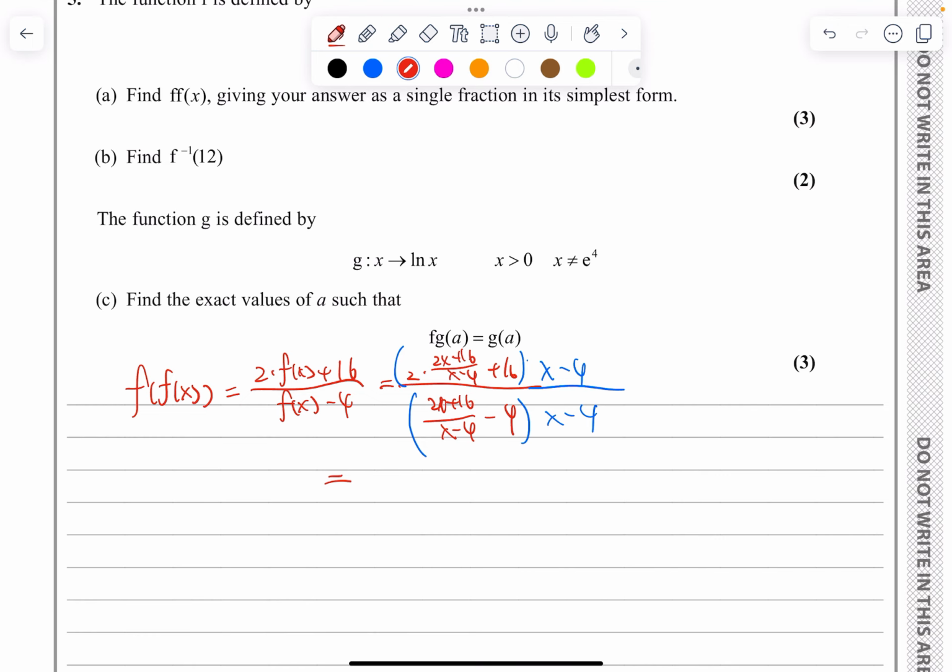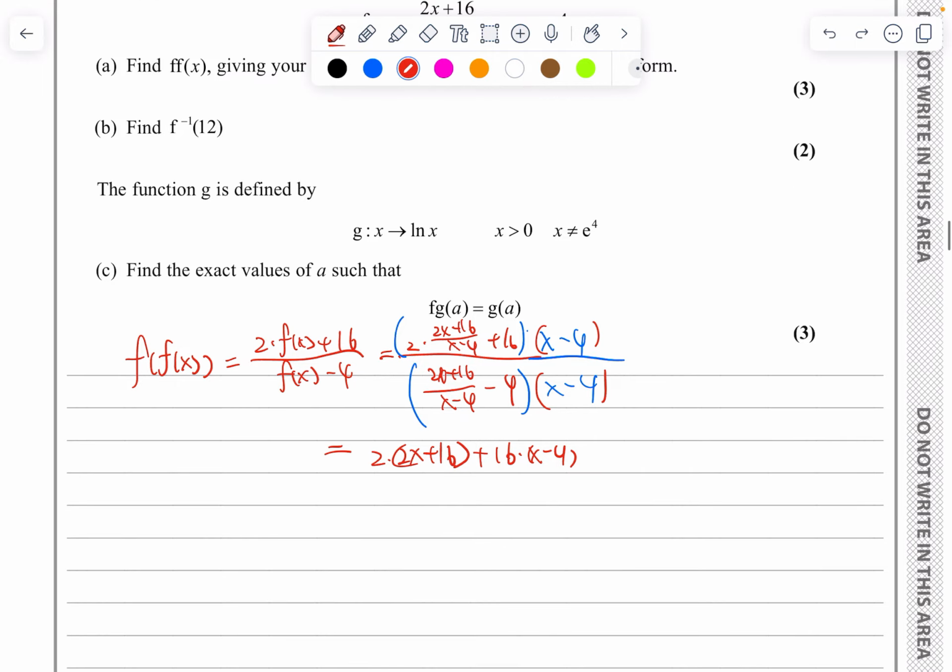Then we will have 2 times (2x plus 16), parentheses, of course, plus 16 times (x minus 4). Because we remember every member has to have an x minus 4 if they are separated by plus or minus.